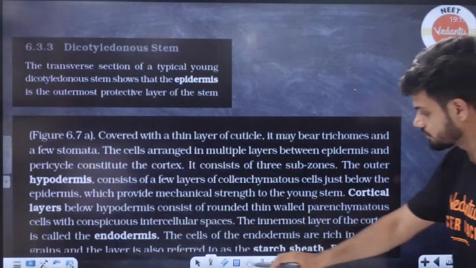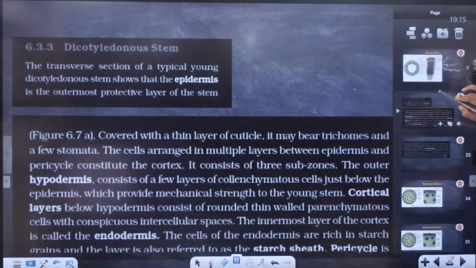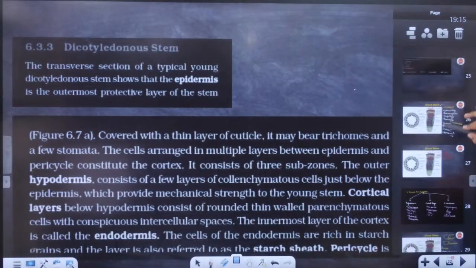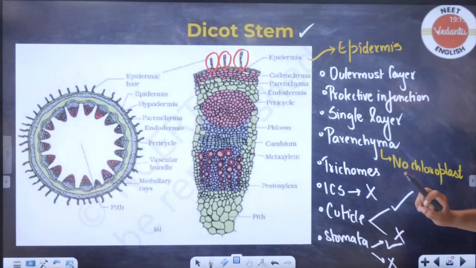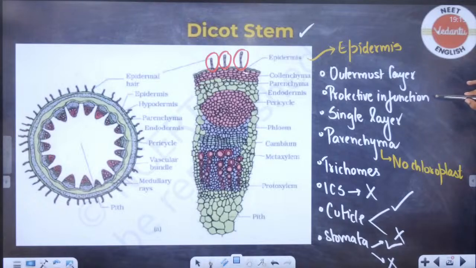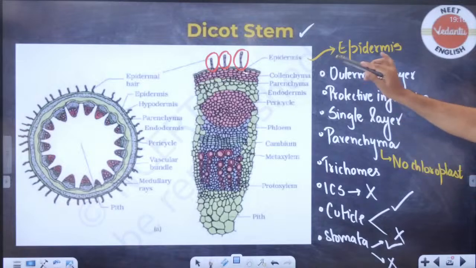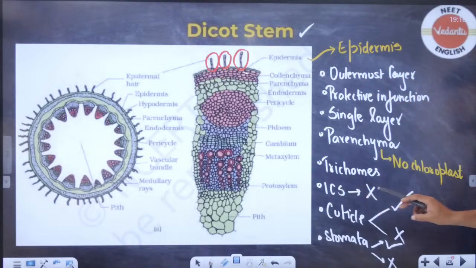Now students, all of you ready for revision? I'll revise this only once for you, then we will see the NCERT revision. First, we learned about your dicot stem: epidermis, outermost layer, protective in function, single layer, parenchyma, no chloroplast, trichomes present, intercellular space absent, cuticle may or may not be present, stomata may or may not be present.